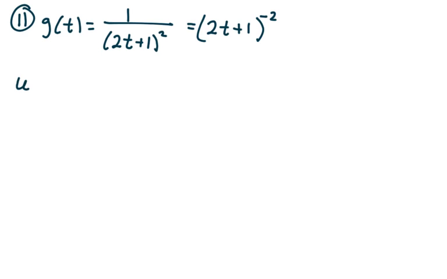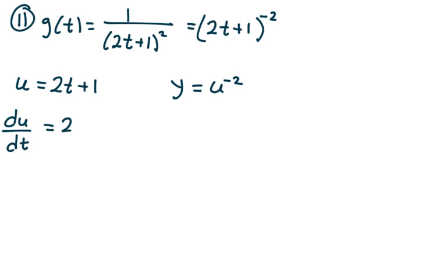And so in this case, u is going to be 2t plus 1. And then y is u to the negative 2. So du/dt this time, so t is taking the place of x in problem number 11, is equal to 2 times 1 plus 0, which is equal to 2.